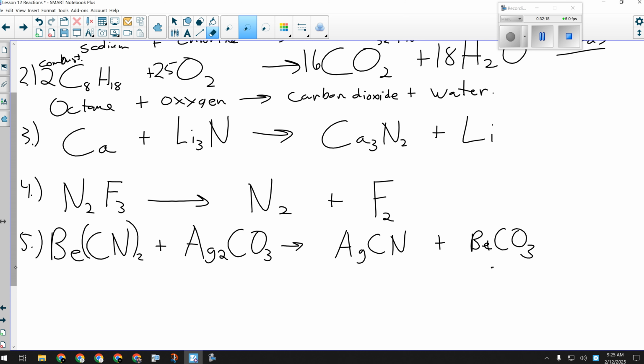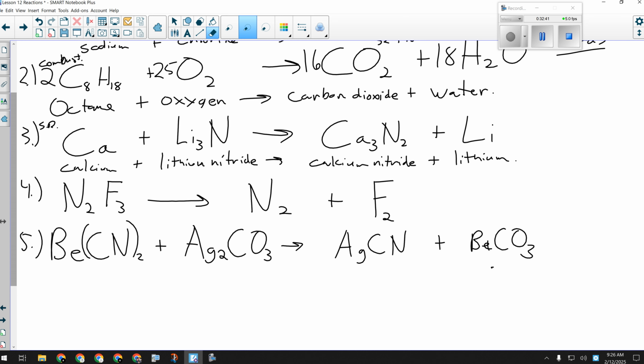So we've got a single replacement reaction. If we're writing that out in words, calcium plus lithium nitride gives us calcium nitride plus lithium.